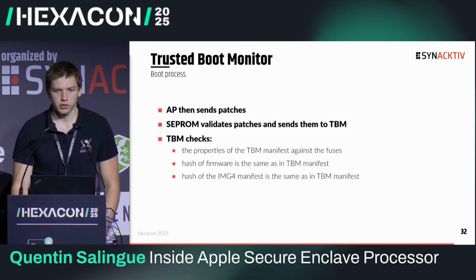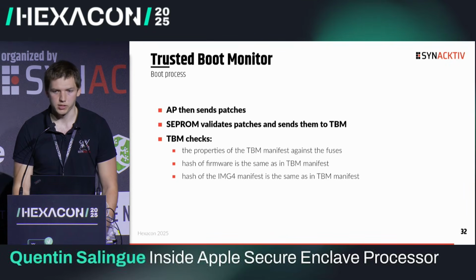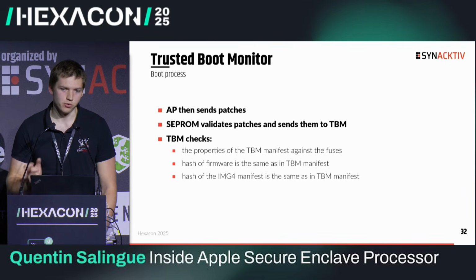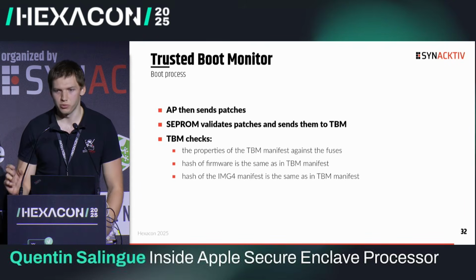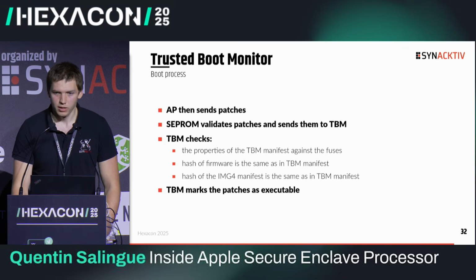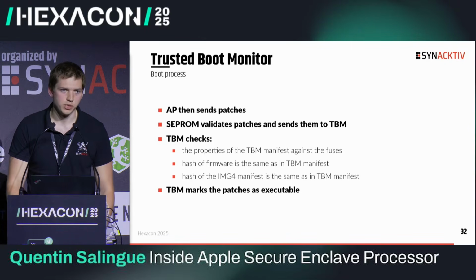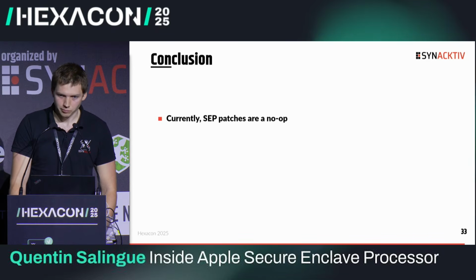And it will also verify that the hash of the firmware is the same as in its manifest, and also that the hash of the image4 manifest is the same as the one in the TBM manifest. And if everything is okay, the TBM will mark the region of the patches as executable, so that the SEP can go inside it and execute the code.